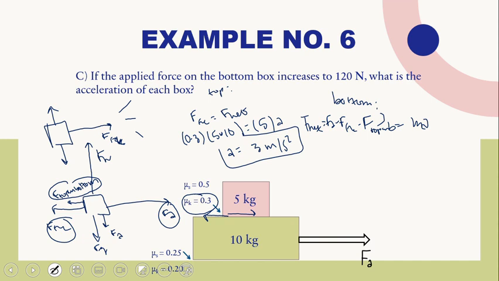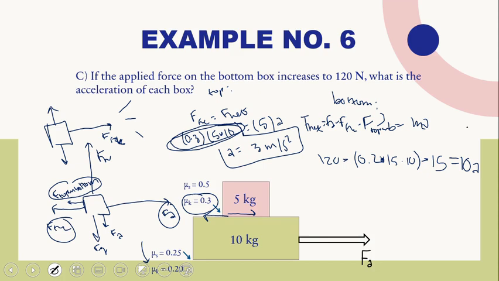All right, so we have 120, which is our applied force, minus the friction force, which is going to be 0.2, the kinetic mu between the ground and the bottom box, times the mass of both boxes, times 10 for the normal force. And then that's also subtracted by 15 because that's the magnitude of this F_k that the bottom applies on the top, and the top is applying the same magnitude of force on the bottom but in the opposite direction. And then that's going to equal the mass of the bottom box, so 10 times a.